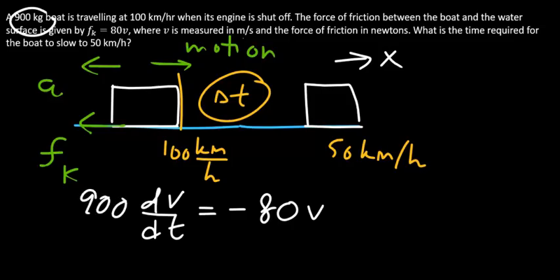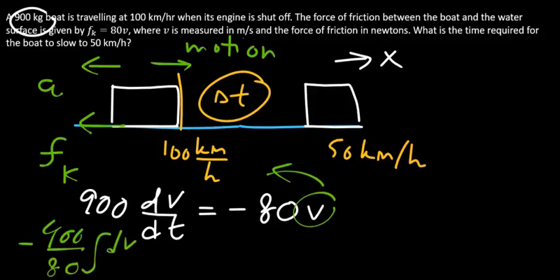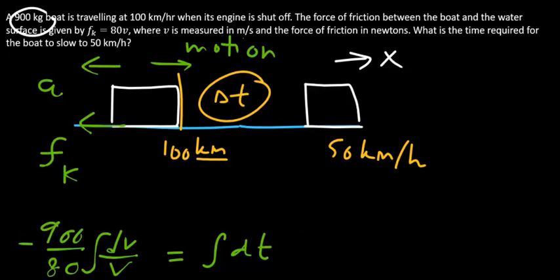Let's turn this differential equation into an integral equation. So bringing this v to the other side, we get minus 900 over 80, an integral of dv over v, and the right-hand side would have an integral in time, like that. Now let's be careful with the time.